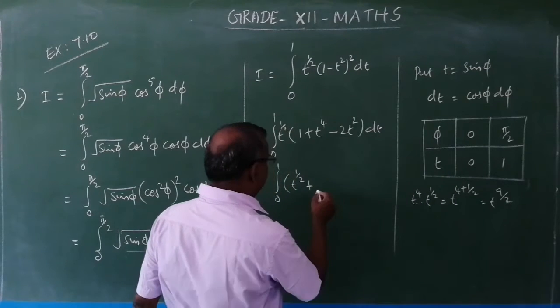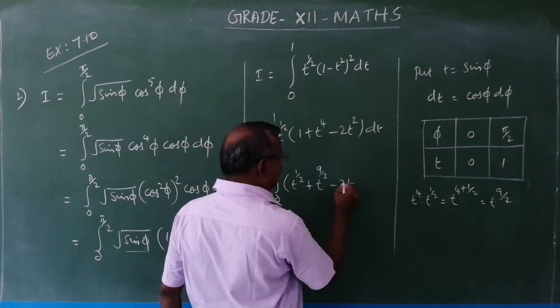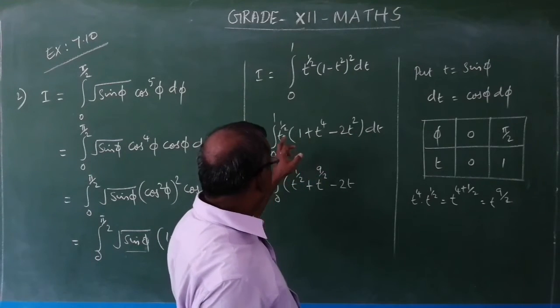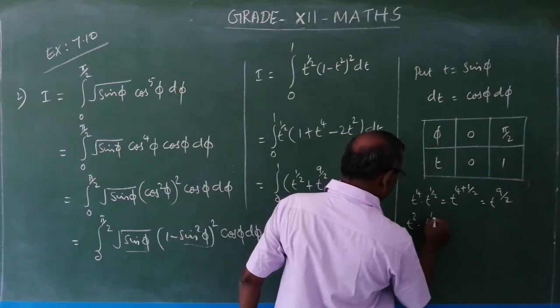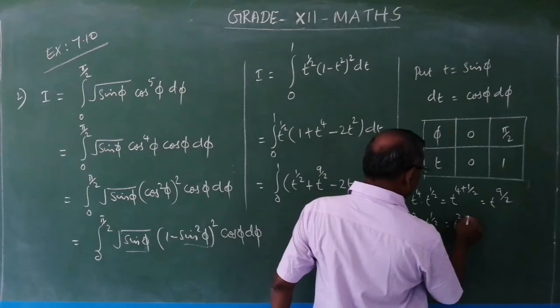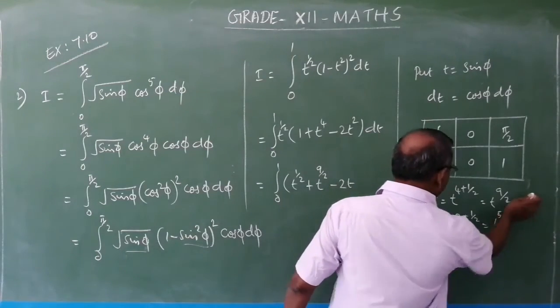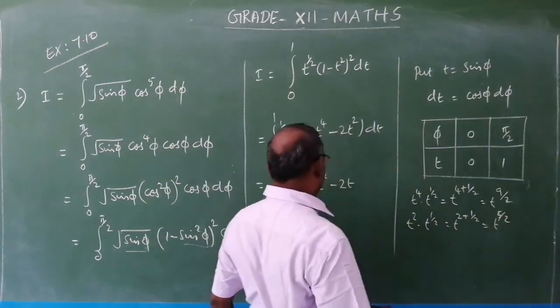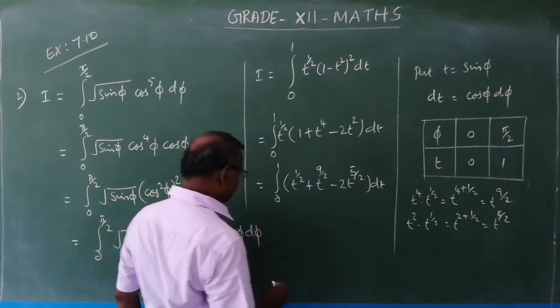So the next one is t power 9 by 2 minus 2 t power 2 into t power 1 by 2, equal to t power 2 plus 1 by 2 equal to t power 5 by 2. So it is t power 5 by 2 into dt.